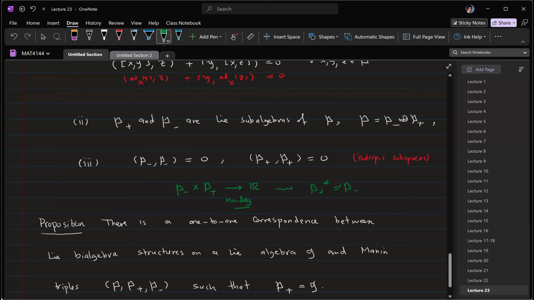Anytime you have a non-degenerate form, you can identify the two spaces involved, one with the dual of the other. We've discussed this before, okay? All right, so now back to here.